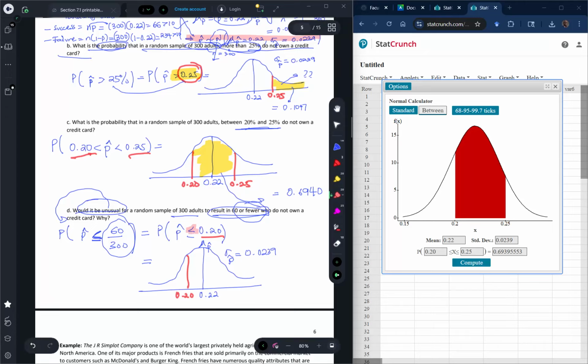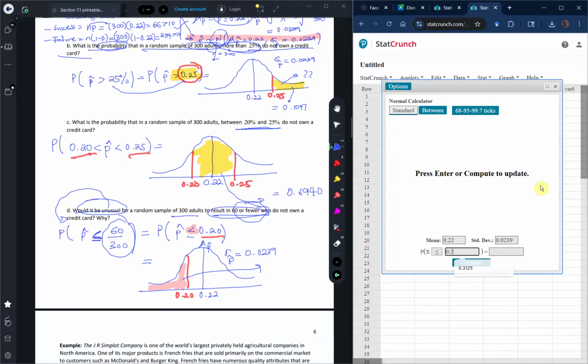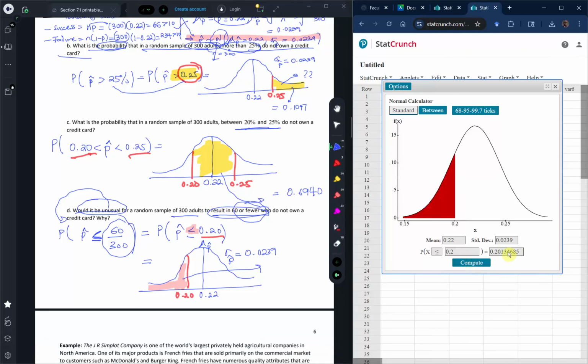We want to look at the region less than that value, and the probability there will be computed by going back to Standard. I'm interested in the region below, so facing the left of 0.2, and I'd like to compute that. So you have 0.2013.